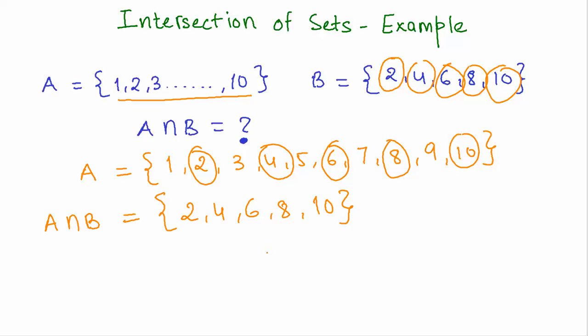Now interestingly, you would see that A intersection B is nothing but the set B over here.